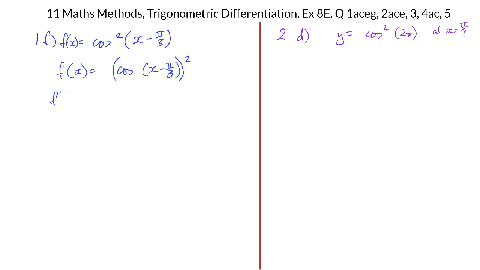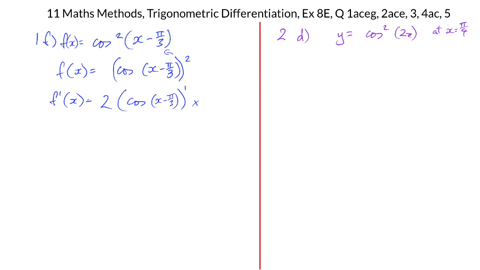So when I find the derivative, what I'm actually doing is using the chain rule to say bring the power in front, which is 2, subtract 1 from the power, which is 1, and I have cos of x minus pi on 3, so inside the bracket stays the same, but now I've got to multiply by the derivative of inside the bracket.